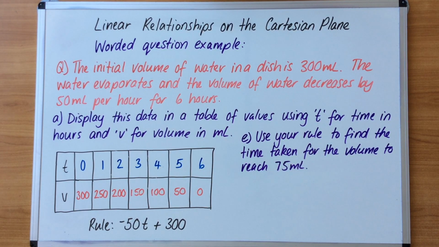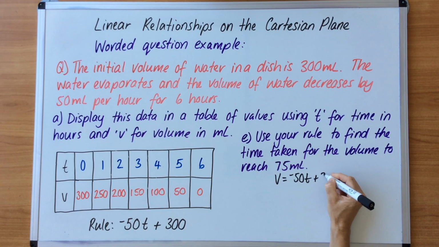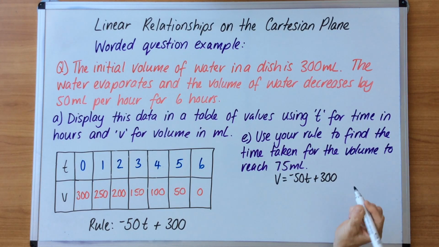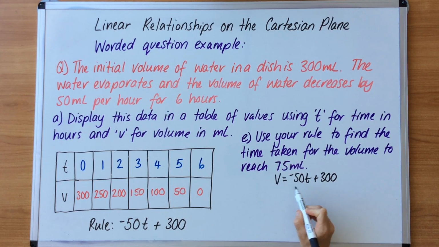Let's take a look at this last question E here. It says, use your rule to find the time taken for the volume to reach 75 millilitres. So I'm going to use the rule straight away, but I'm going to say volume equals negative 50t plus 300. And the reason I'm saying volume equals is because I'm given the volume measurement.